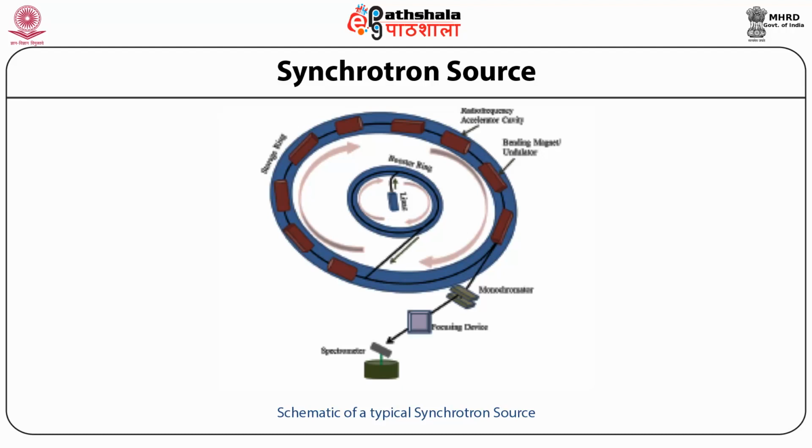Due to the deceleration of the electron at every moment when it is changing its direction, X-rays are emitted, and these X-rays are then passed on to the monochromator and after that onto the focusing devices and finally on the spectrometer, where the X-ray diffraction experiments or the X-ray scattering experiments will be performed.